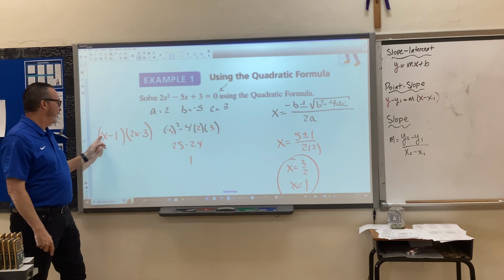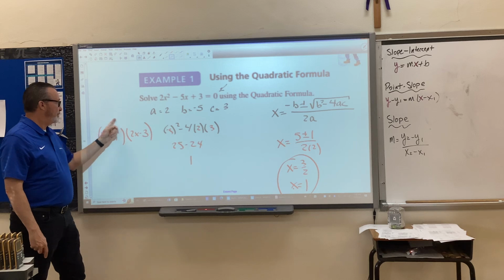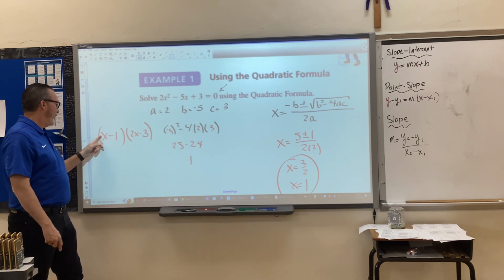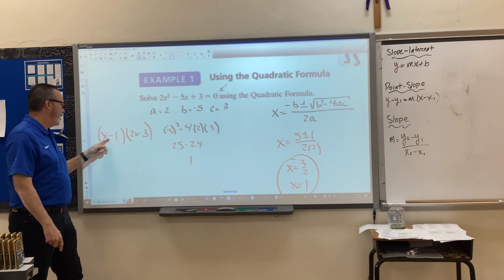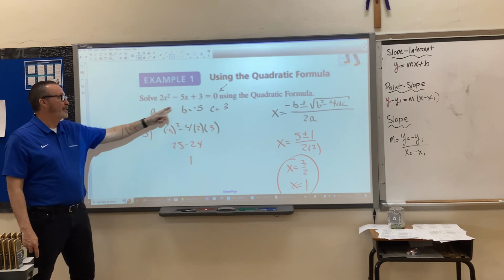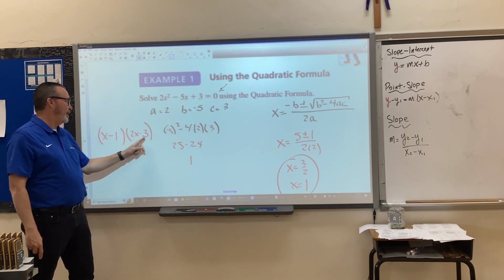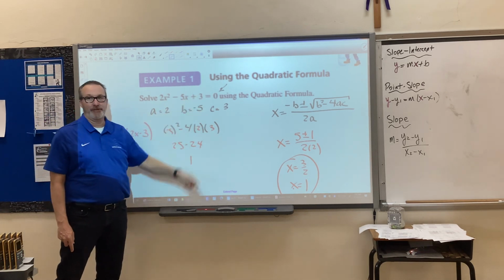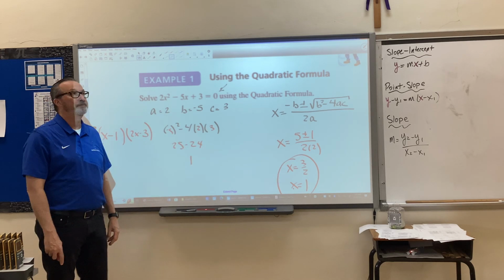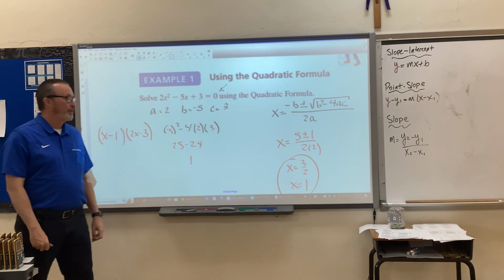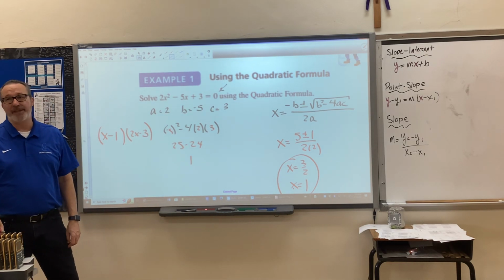You can check it. x times 2x is 2x squared. On the outside I have negative 3. On the inside I have negative 2, that's negative 5. And negative 1 times negative 3 is positive 3, of course. So it works. Quadratic formula, it's not that hard to do.